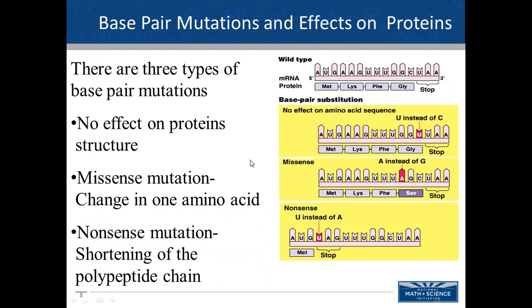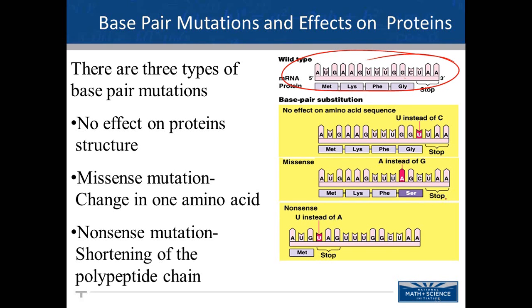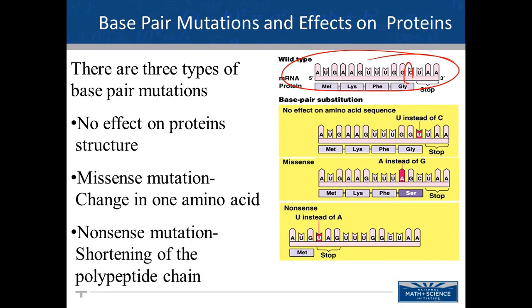We want to take some time and examine what happens when there are mutations in the gene and the effects on its protein. So there are three types of what we call substitution mutations. So let's suppose that right here we have a gene, and let's suppose that right here we have a mutation, and instead of a C we put a U right here.